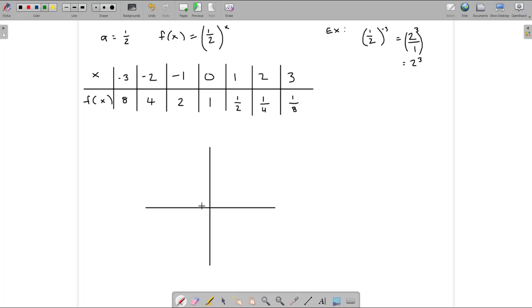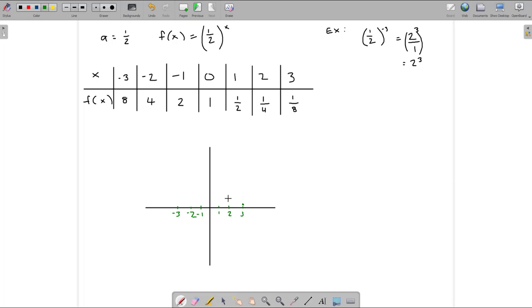So let's look at our x values again. -1, -2, -3. And then 1, 2, 3. And at -3, I'm now way up here at 8. So like somewhere, actually, why don't we start on this side because it's going to have to scale. So at 3, I'm 1/8.